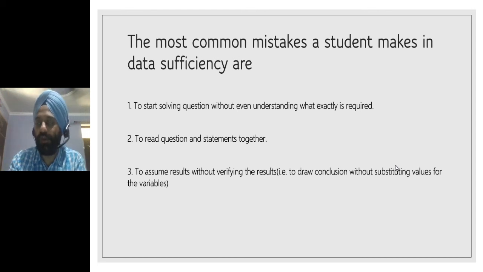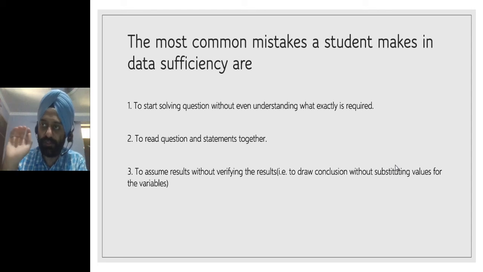They just draw the conclusion that this is sufficient or not sufficient without actually plugging in the values. The main reason is that they know they can solve it, but they are in a rush to get over with the question, and that rush makes them commit so many silly mistakes. So make sure you go slow, and don't worry about the time.